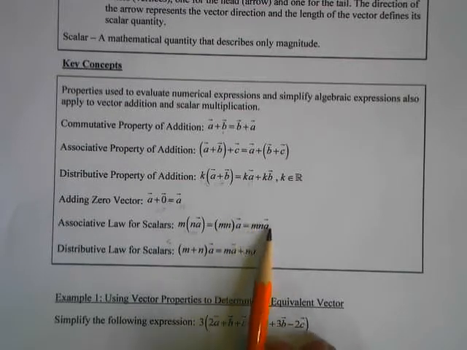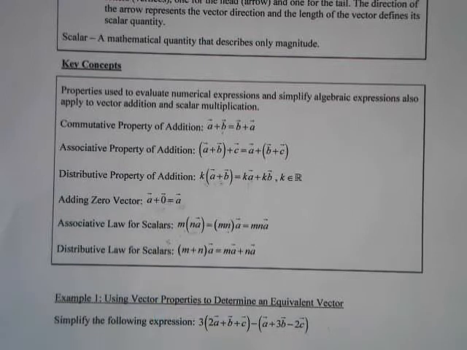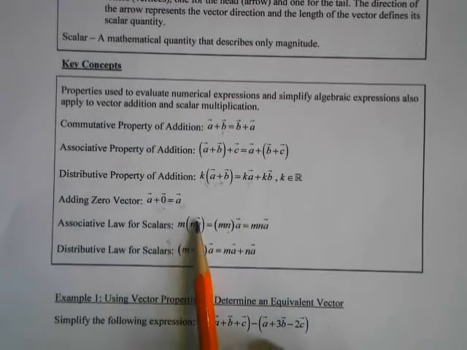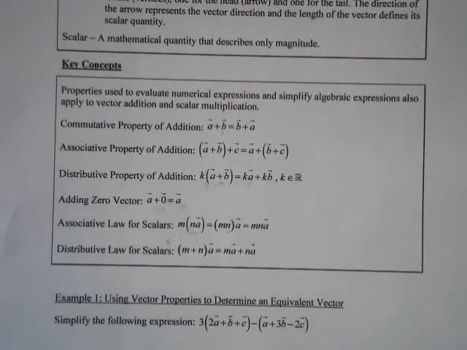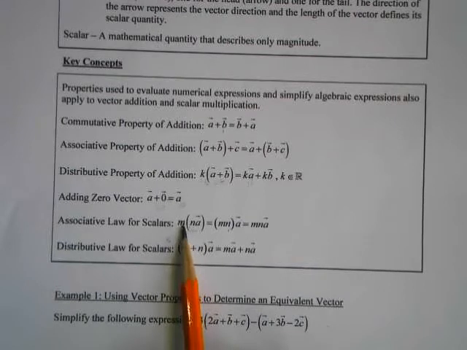And we could also represent it by this, which is really the same as the second one. So associative law says that if you have to multiply by multiple scalars, the order doesn't matter, and you can multiply the scalars together first, or a scalar with the vector and then with the other scalar.